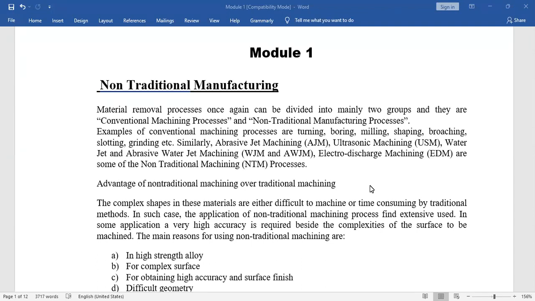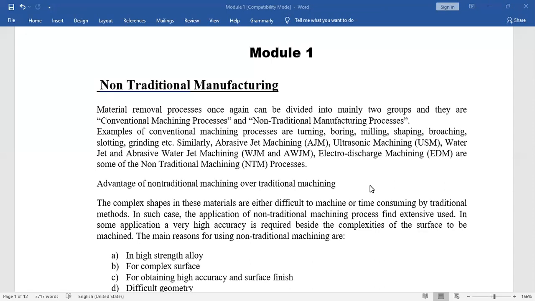For example, suppose you want to do the machining of carbide, which is a very hard material. For that, the tool should be harder than that carbide workpiece, otherwise the tool will break. So these are some limitations of the conventional machining.